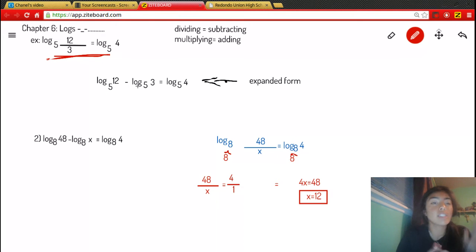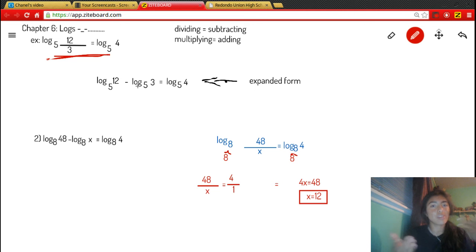Since it's dividing, the opposite thing to do is to subtract. I wrote it under here. If you're dividing logs, you're subtracting in the expanded form. If you're multiplying logs, that would be adding.